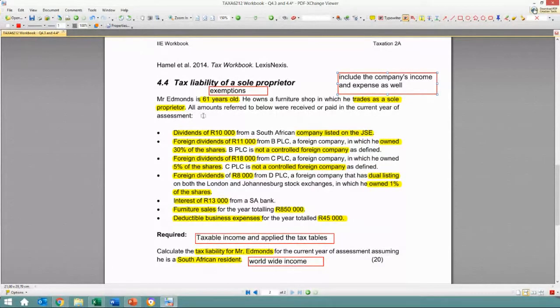Now let's read through what information they have given you. So they told you dividends of 10,000 from a South African company listed on the JSE. Okay, so we know dividends is included in gross income. Okay, so we're going to put it in gross income. Now the question is, is this one actually exempt?